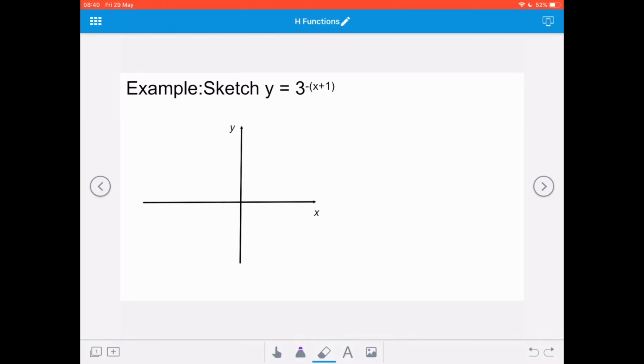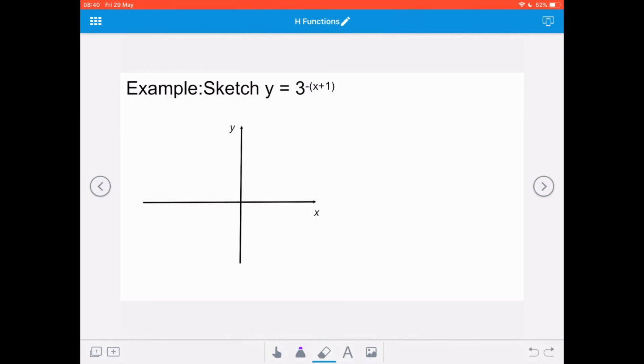So if we consider the points on our y equals 3 to the x curve, it would be going through 0, 1 and 1, 3. However, we want to plot in some points, remembering it's going to be a decreasing function as x tends to positive infinity.